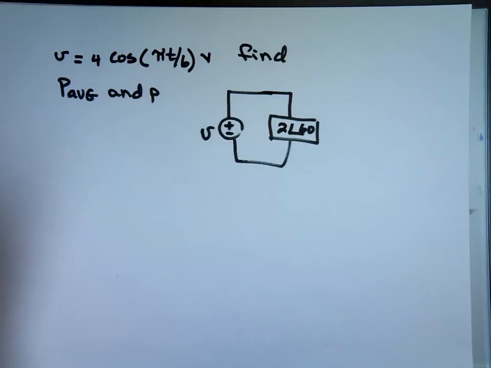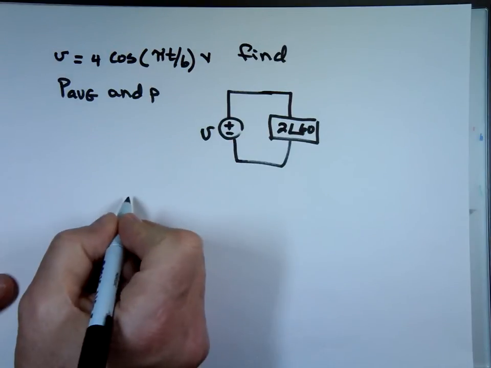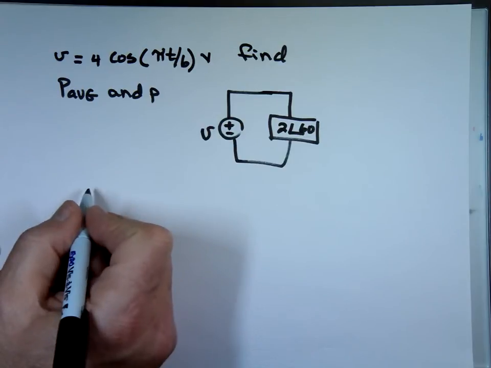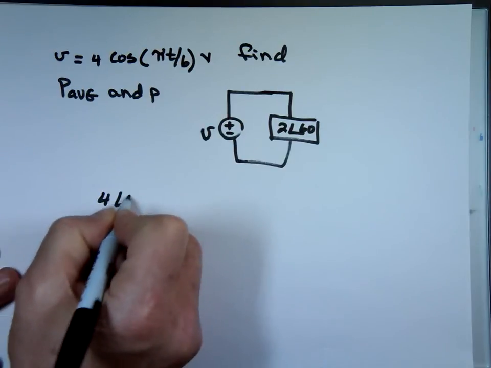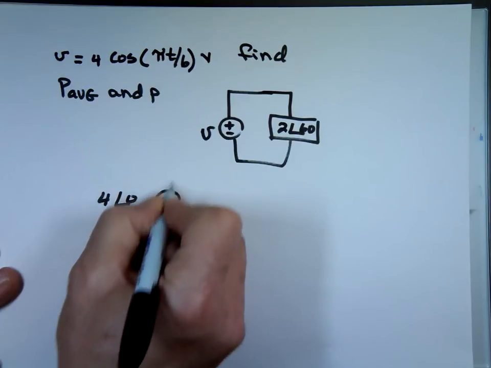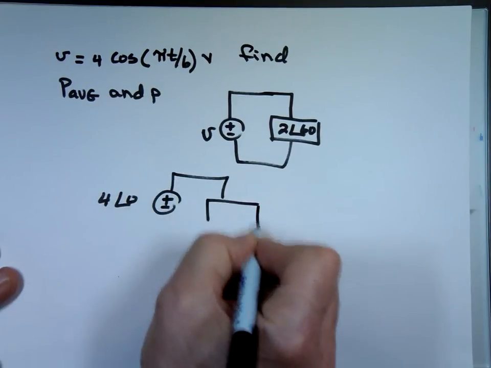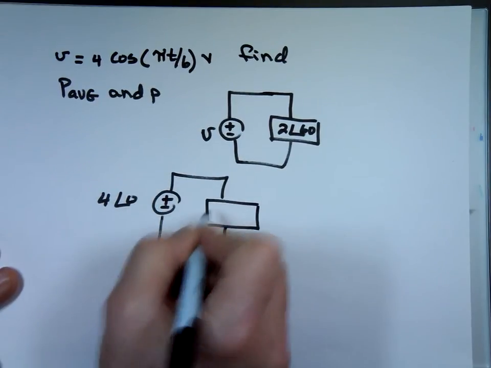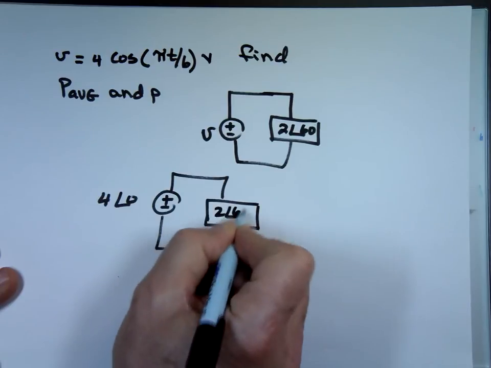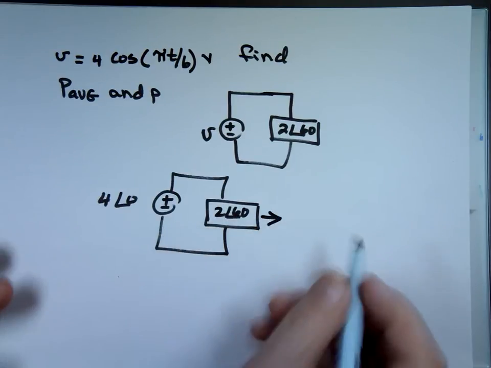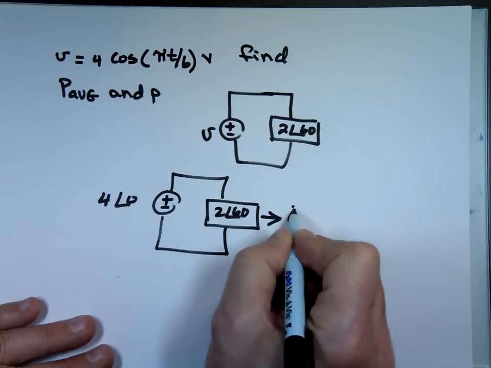Now, it might be easier if I switch them to a phasor. The voltage source is what? 4 angle 0? This is 2 angle 60, which means I can calculate the current through that. I is going to equal what?